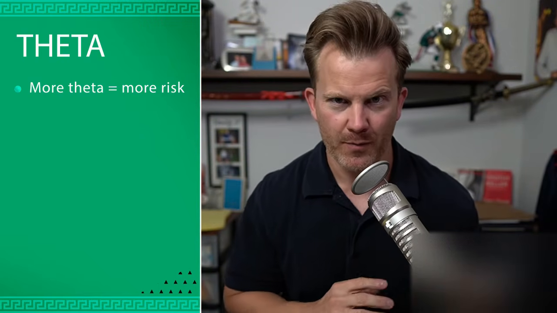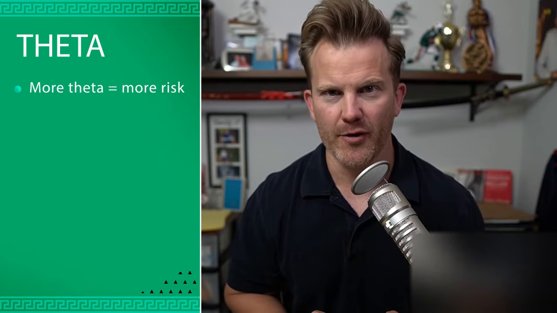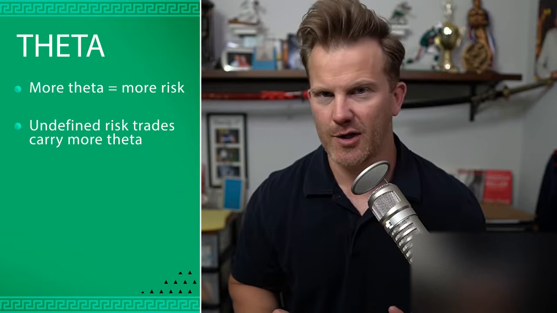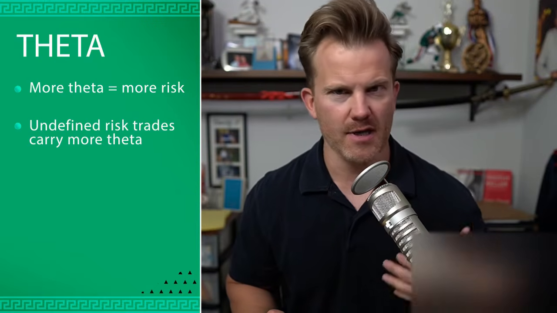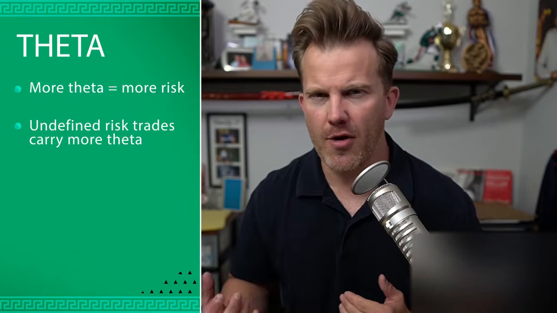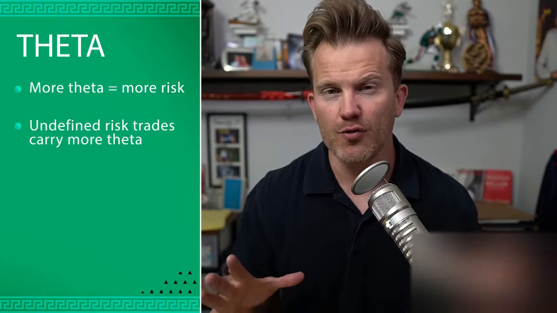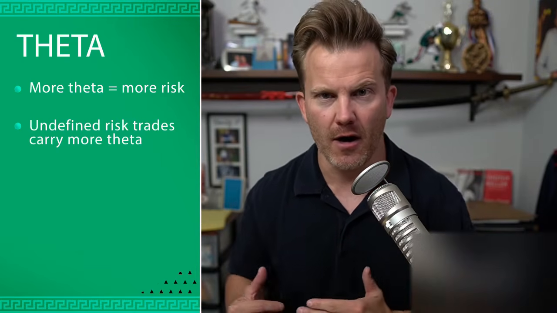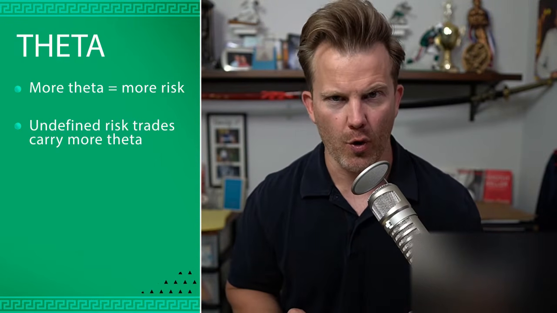And here's how. The primary way that you are going to build up theta in your portfolio is through undefined risk strategies, like strangles, like short puts, like ratio spreads, like straddles, etc. Vertical spreads, iron condors, butterflies. These are terrific strategies, but they're not going to build up appreciable amounts of theta. Undefined risk positions are going to do that.